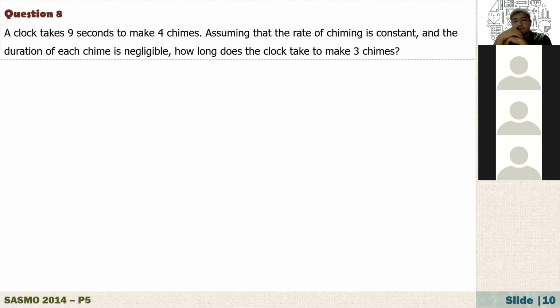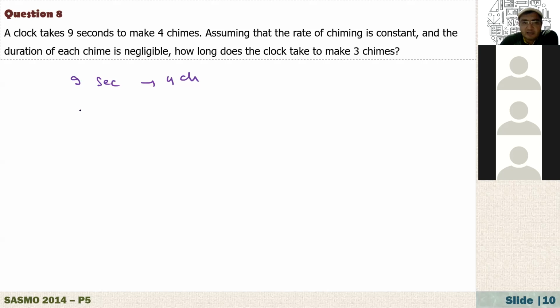Can I say the answer? Yes. 6.75. Okay. So a clock takes 9 seconds to make 4 chimes. The question is, assuming that the rate of chiming is constant and the duration of each chime is negligible, how long does the clock take to make 3 chimes?